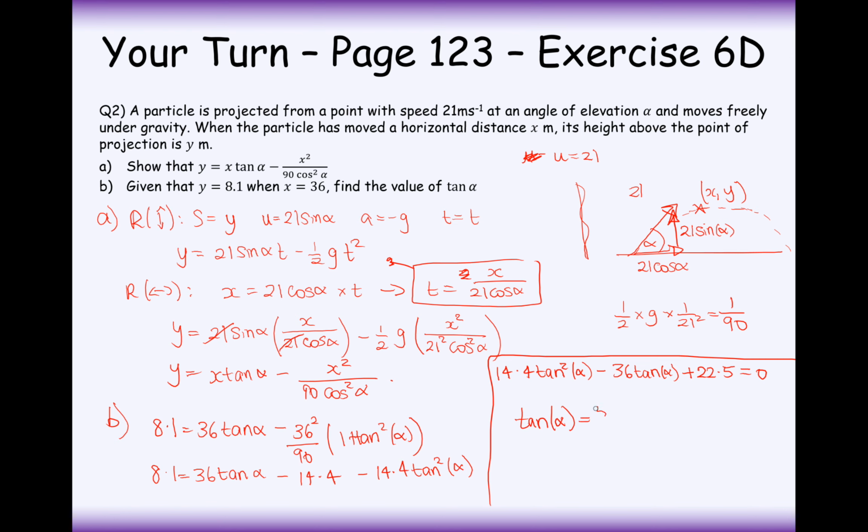Is 5/4. And we're also going to get 5/4 as well. It perfectly factorizes into 5/4 and 5/4. It'd be a repeated root here. Lovely, great. Anyway, there we are. We get 5/4 for the value tan.